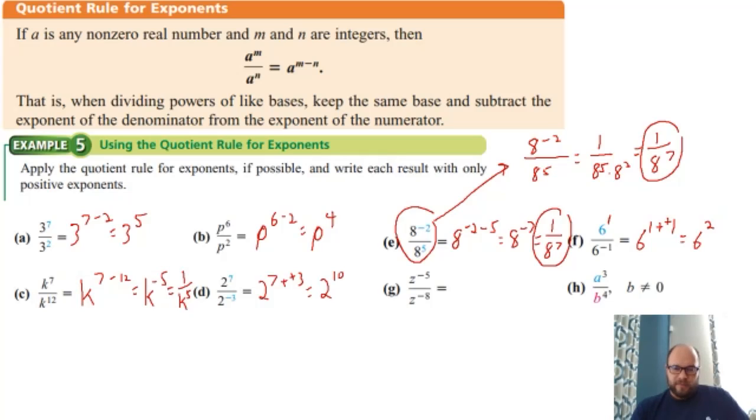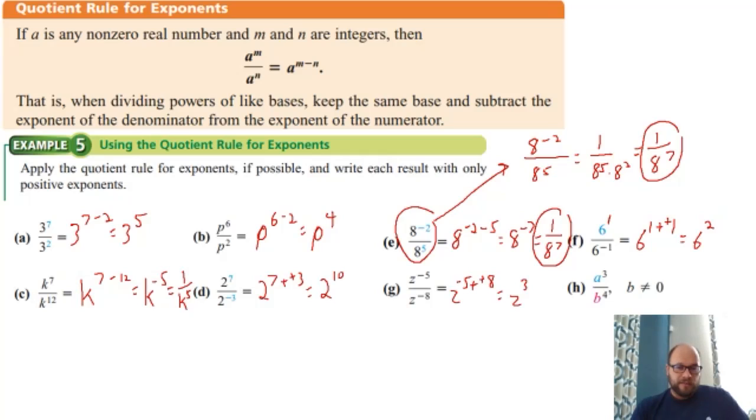On G, we have z to the -5 minus -8. Again, that's plus a positive. So that becomes z to the +3. Again, if you wanted to do this in a different route, similar to what I did on the one above it, E, you could have flipped these first.